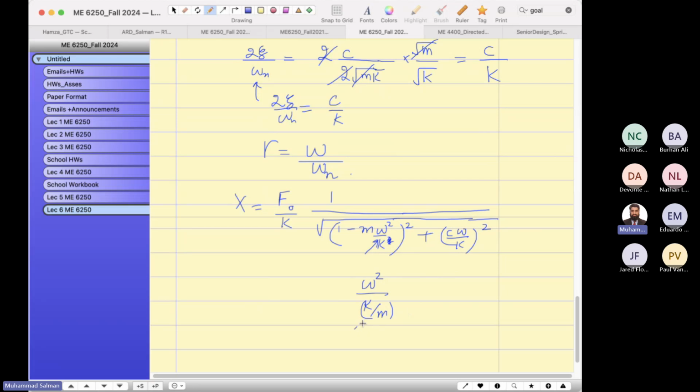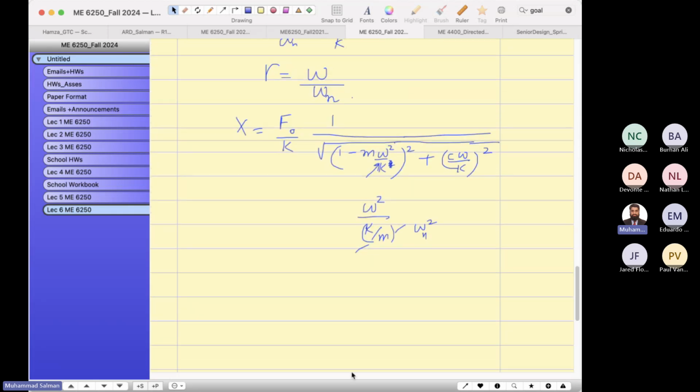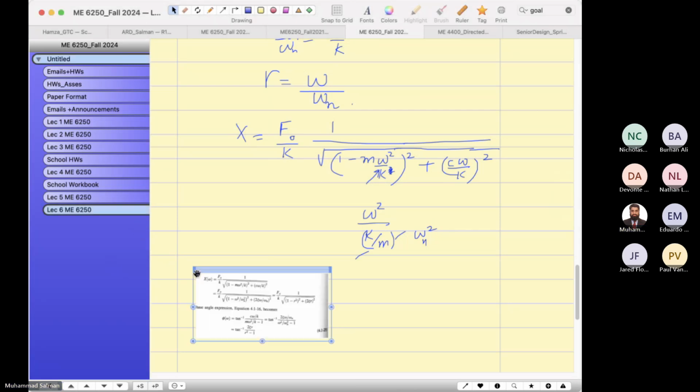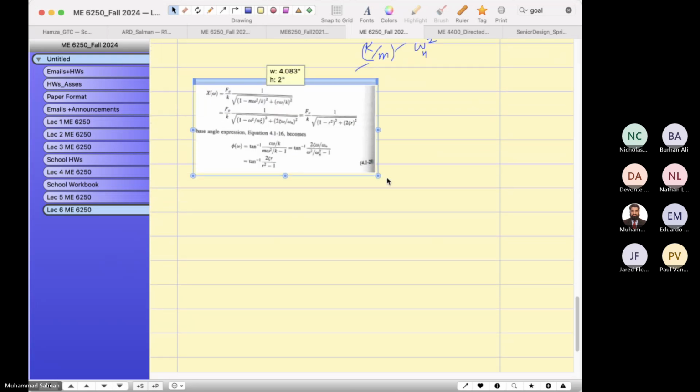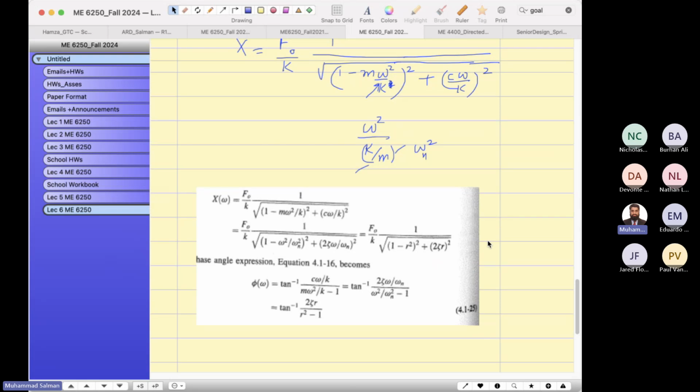What is this? This is equal to omega n squared. So I can rewrite this into omega and omega n form. So I'm going to copy and paste that one into our notebook here. So let me show you. So this is the magnitude of the steady state response when you are replacing m and k by r and zeta.